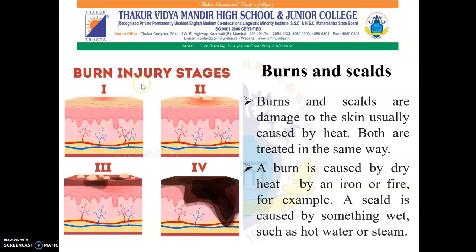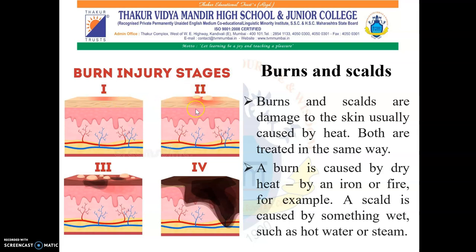A burn injury has 4 different stages as shown in the figure. Now, this stage depends on the severity of the wound. In order to understand this, first you should know that your skin has several layers. As shown here, you can see there are different layers in your skin. If only the topmost layer is injured, that means you are burnt only on the topmost layer, then the burn injury is of stage 1.